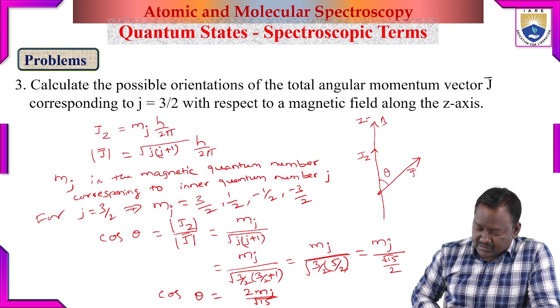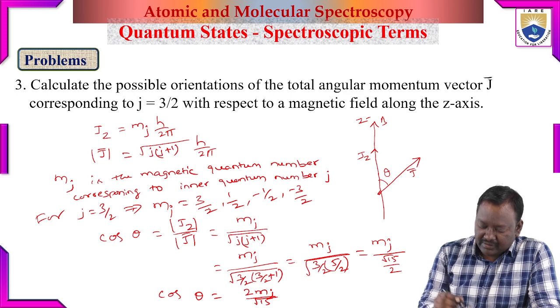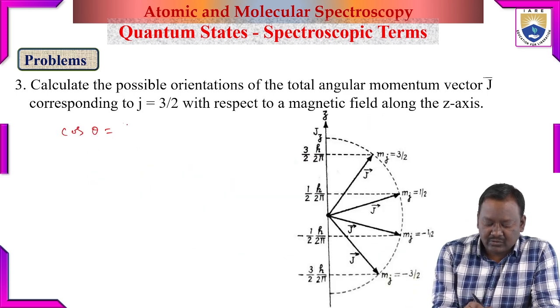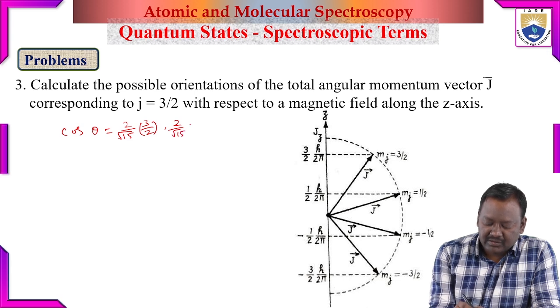So these are the mj values: 3/2, 1/2, minus 1/2, minus 3/2, each multiplied by 2 by root 15.